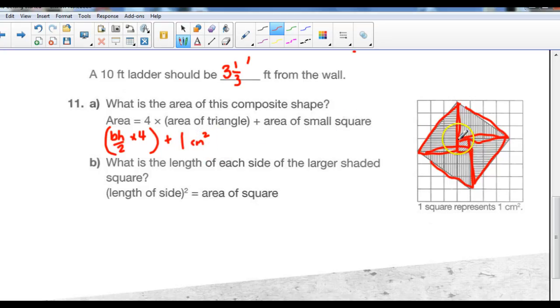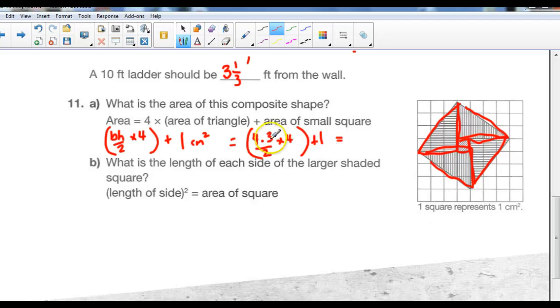Okay, so base times height of each triangle. Well, the base is 1, 2, 3, 4. So the base is 4. And we're going to multiply that. That little dot means to multiply. And the height, if I go 4 that way, I'm going 1, 2, 3 this way. So it's 4 times 3 divided by 2 times 4 plus 1.